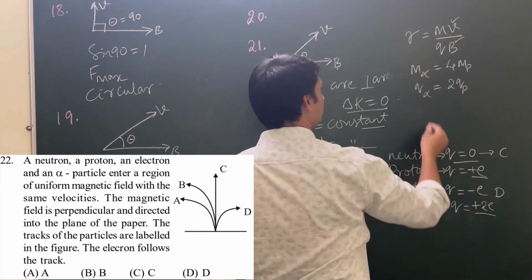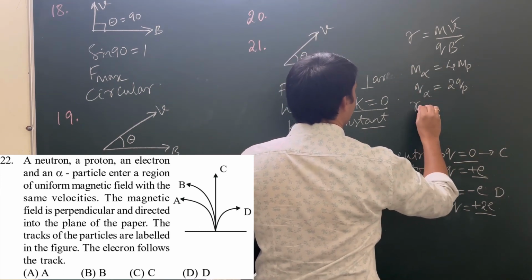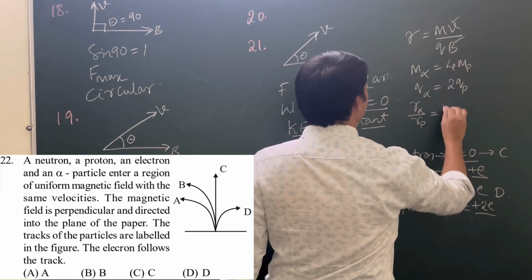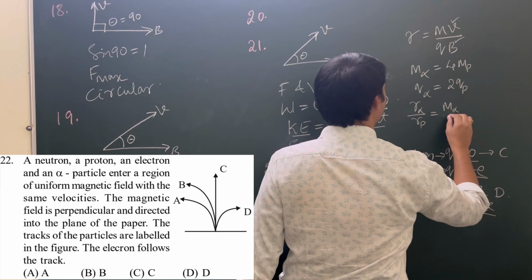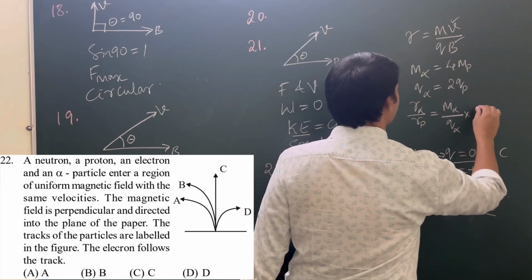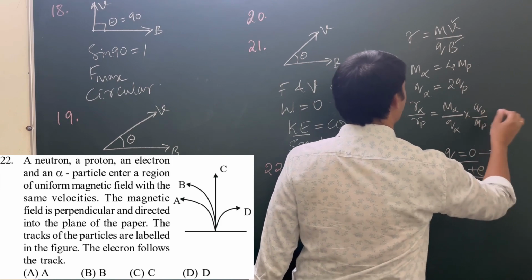So when we substitute this, we get radius of the alpha particle divided by radius of proton is equal to mass of alpha particle divided by charge of alpha particle into charge of proton divided by mass of proton.